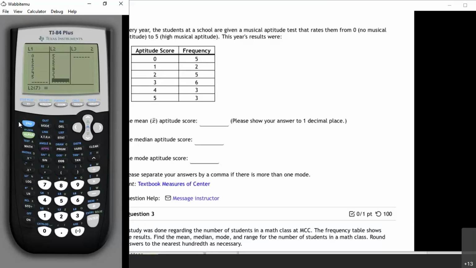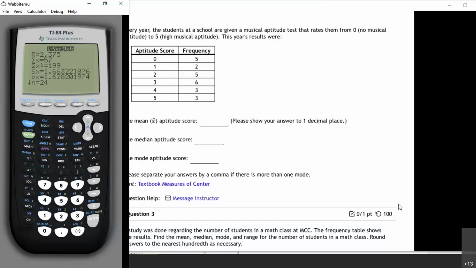Then quit out of this, and you're going to go into stat calc, one variable statistics, and this time list 1 has your values, your scores. List 2 has your frequency. So remember, second 2, put list 2 in there, and then calculate.